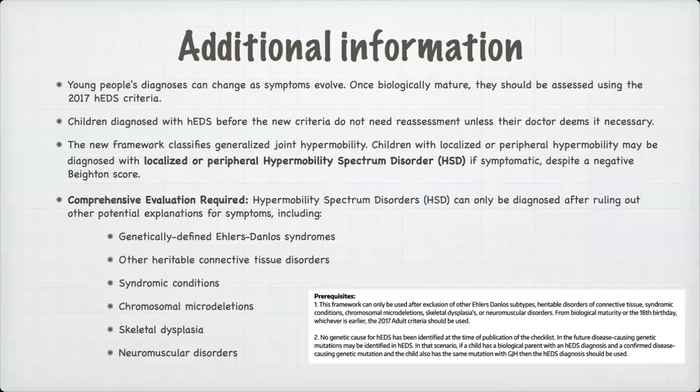So it really can only be diagnosed to a very accurate point after ruling out other potential explanations for symptoms. And there we have genetically defined Ehlers-Danlos syndrome, other heritable connective tissue disorders, systemic conditions, chromosomal microdeletions, skeletal dysplasias, neuromuscular disorders. So there are these prerequisites that as a physiotherapist, I cannot do in my clinical setting.